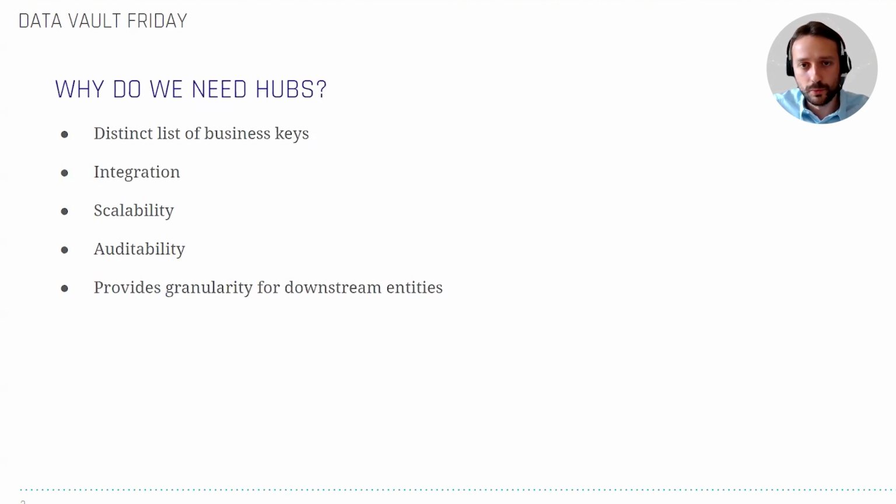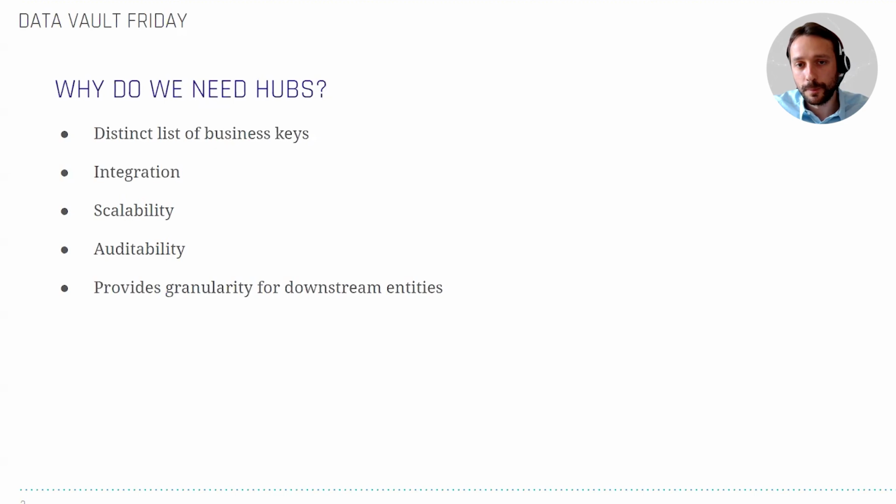And when you add a new source that has a business object that already exists in your Data Vault, you add the business key of the new source to the existing hub and only add new satellites and links, of course, if needed. Same reason for scalability. When adding new sources, you don't have to refactor the existing model. You only add new entities.